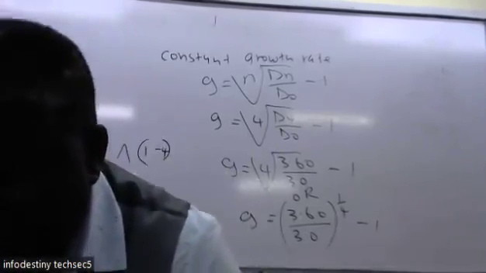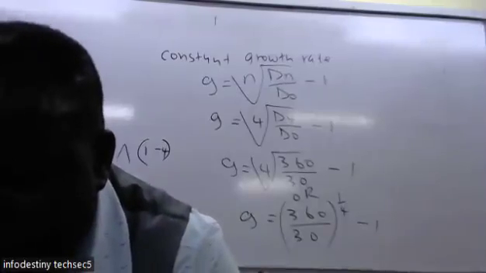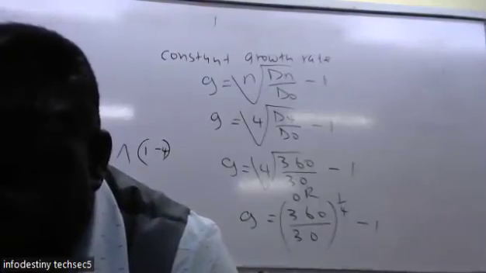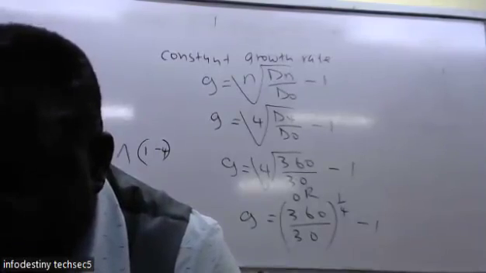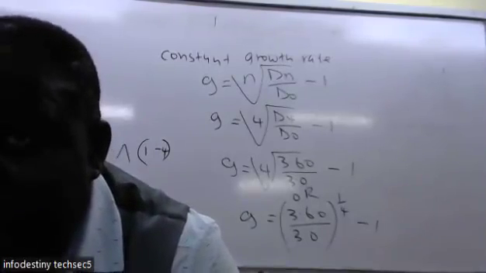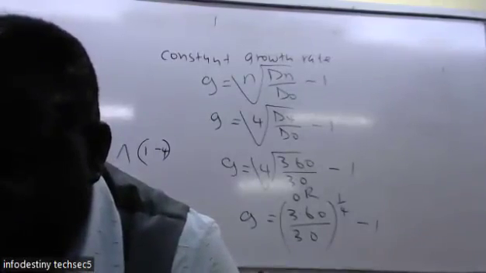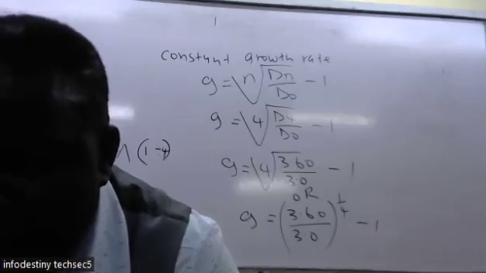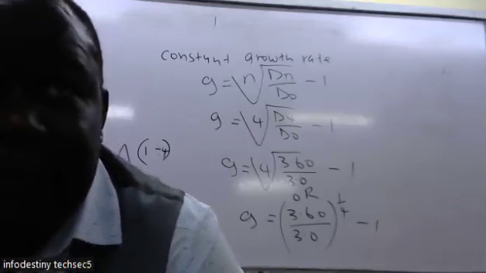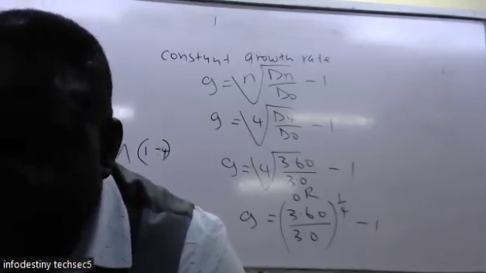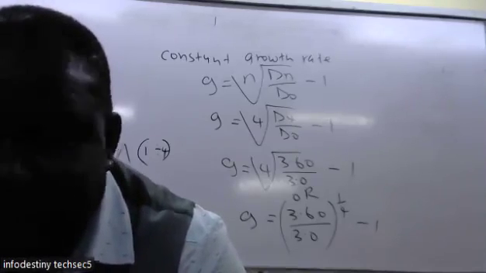So I've seen 4.6635. It is exactly 4.6635, so we can use that one. It is 4.6635%.